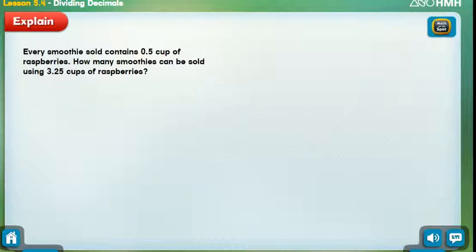How can you divide by decimals? Every smoothie sold contains 0.5 cup of raspberries. How many smoothies can be sold using 3.25 cups of raspberries?